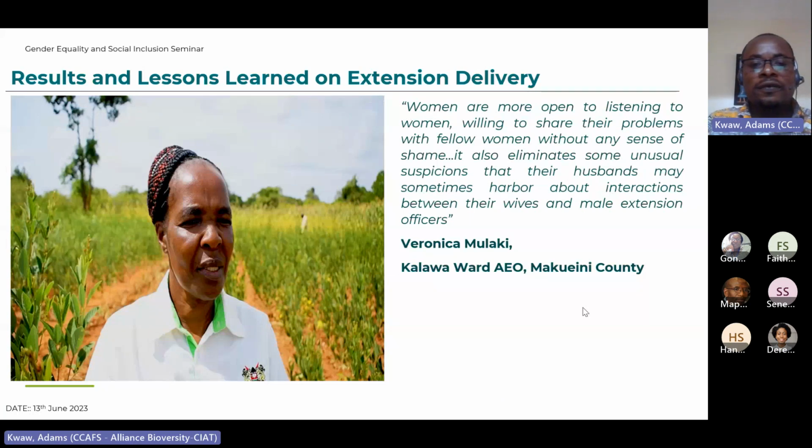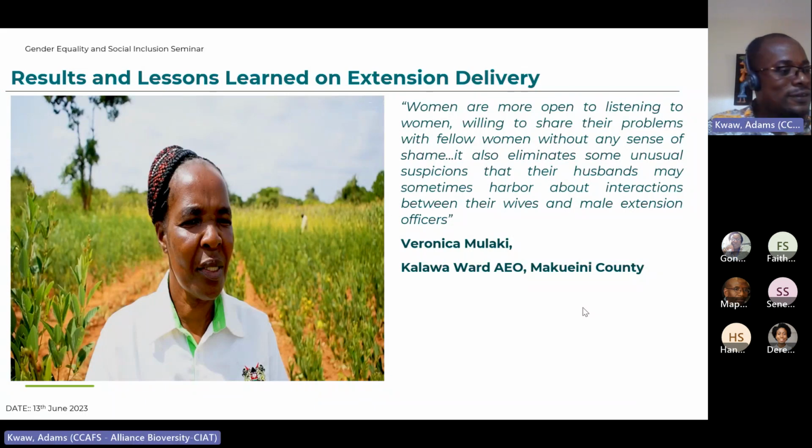And later on in a reflection shared by one of the officers, she said that by encouraging them to be at the front line to transfer the project innovation to farmers, particularly women, it helped in getting them to open up to extension advisories.